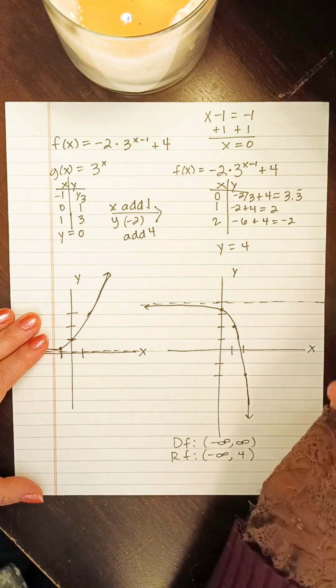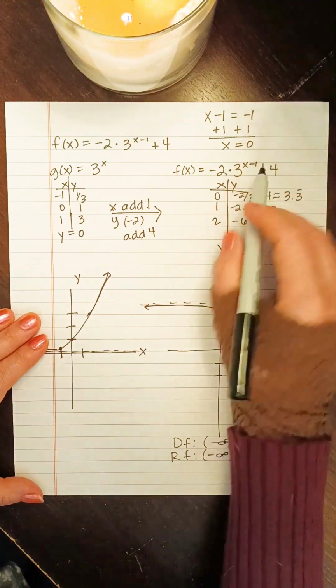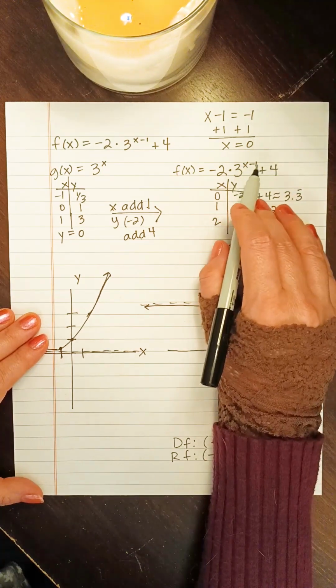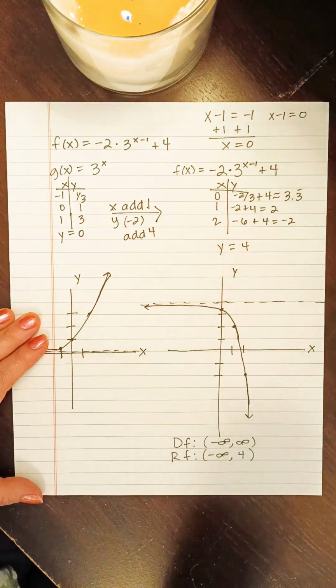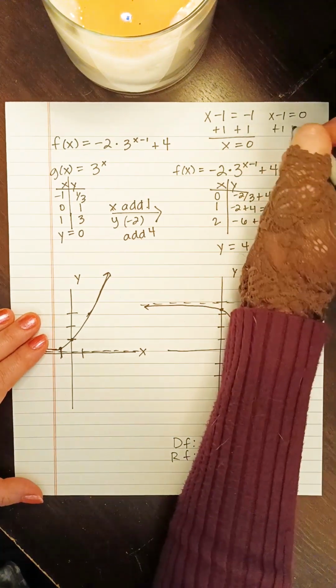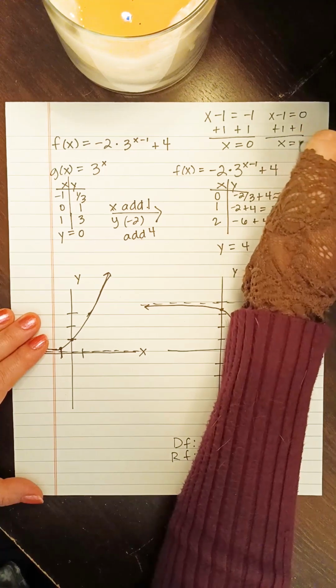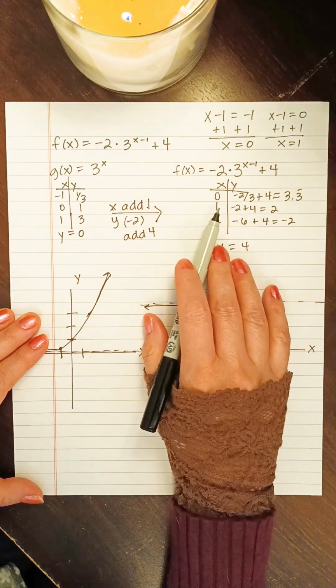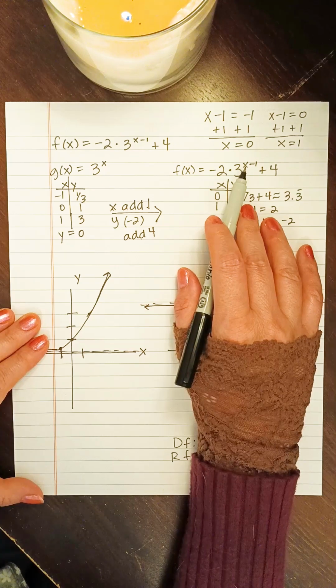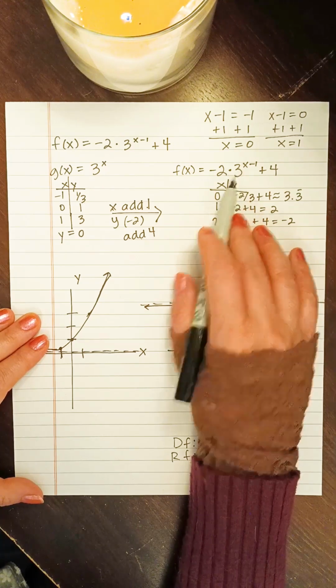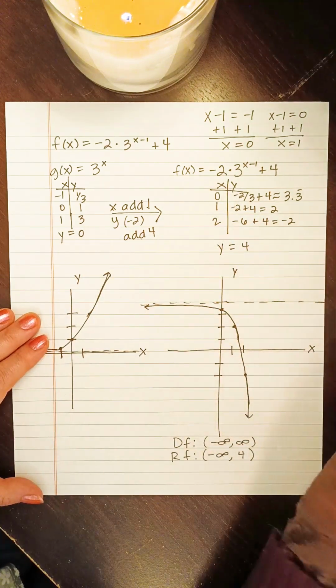It was a nice number. Again, I have to add 1 to solve for x, and I got 1. So 1 in here is 1 minus 1, which is 0. And that's what I wanted.